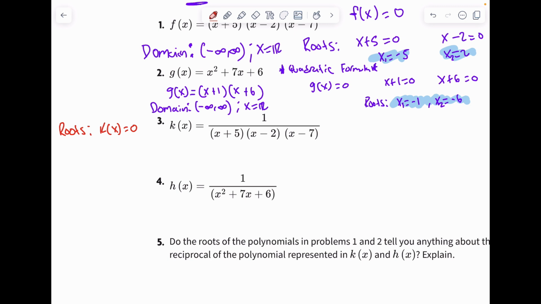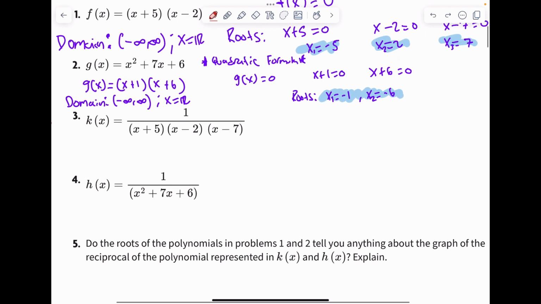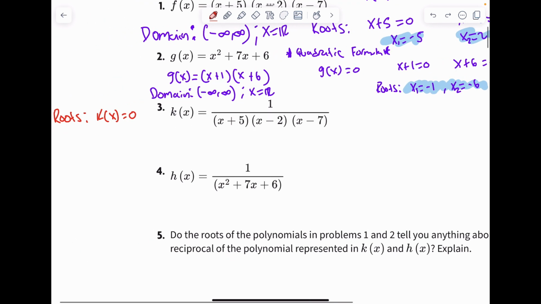When will k of x equal 0? It means that when this has to be 0. But what is one of those commandments? That I cannot divide by what? By 0, right? So here it's a special case because there are no roots.